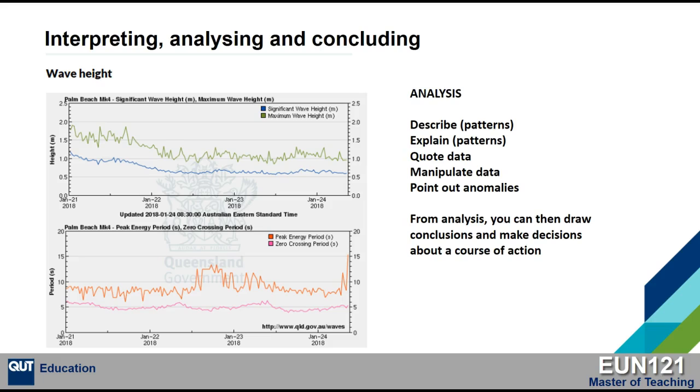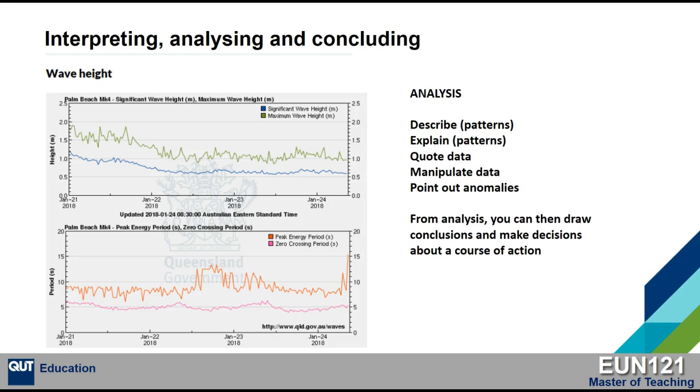And then to go through the steps of analysis, you would need to describe the patterns, you would need to explain the patterns, you would need to quote data to show what you are talking about. You could manipulate the data, so you could take one figure away from the other, and you could point out the ones that don't quite fit the regular pattern, known as anomalies or outliers or something like that.